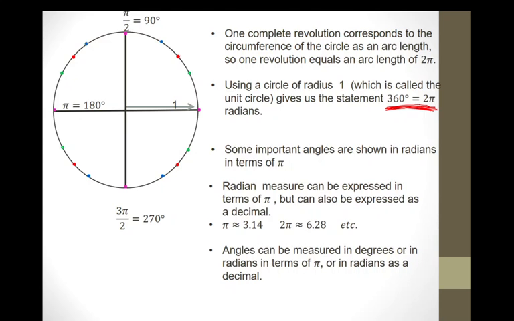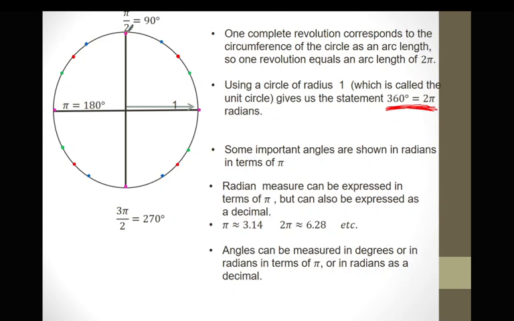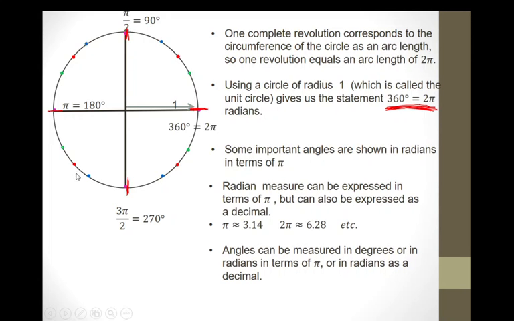Or think of it this way: 90 degrees is half of pi, so 1 half. This is 2 halves, this is 3/2, this is 4/2 of the pi, which is the same thing as 2 pi. 4/2 is 2. So you can think of it that way as well, using the quadrants.